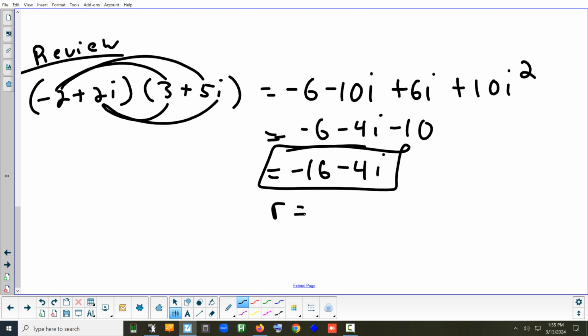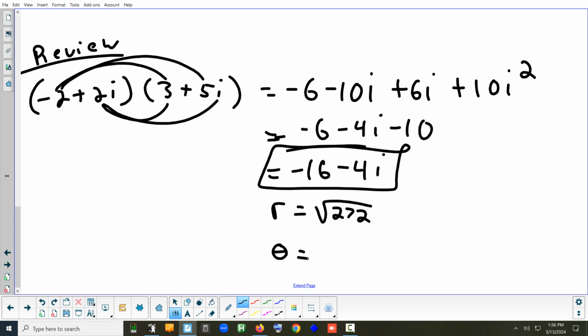What's the radius going to be there? Square root, and I don't want to reduce this number. It'll probably reduce, but let's just leave it. The square root of 272.